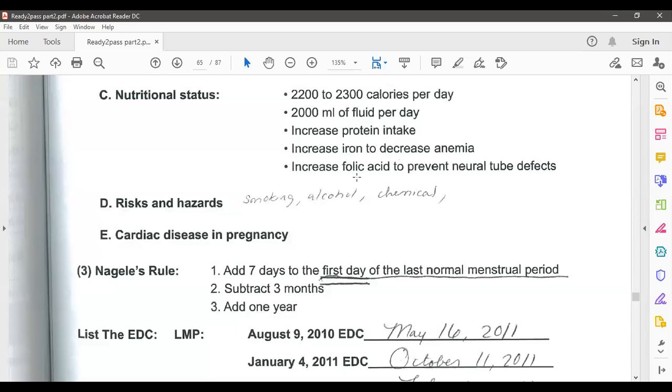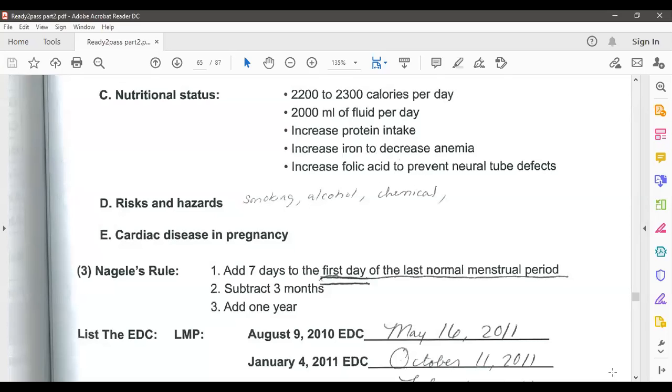Also increase the folic acid to prevent the neural tube defect. And if the mother is breastfeeding, she needs some extra calories. Extra means an extra 450 to 500 calories per day the mother needs, right?